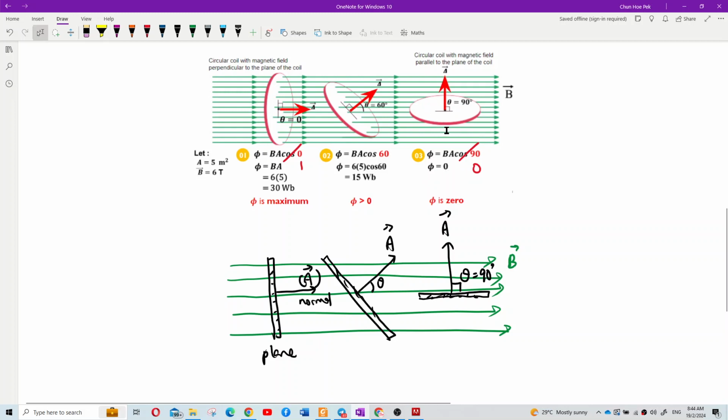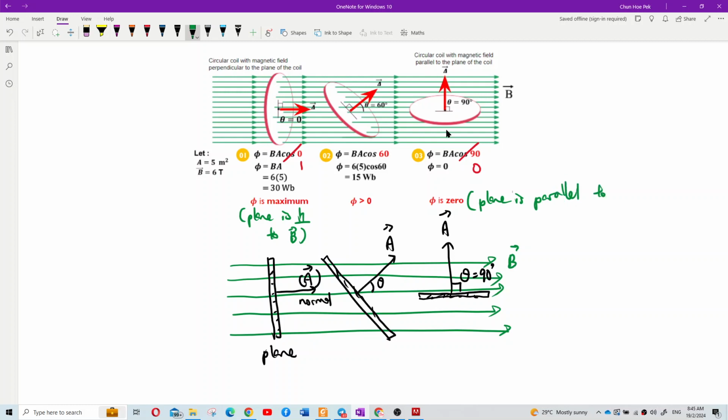Okay. So flux is maximum when the plane is perpendicular to the magnetic field. Flux is 0 when the plane is parallel to the magnetic field. When the plane is parallel to the magnetic field, that means no magnetic field line passes through the area, so no magnetic flux, so 0 flux.